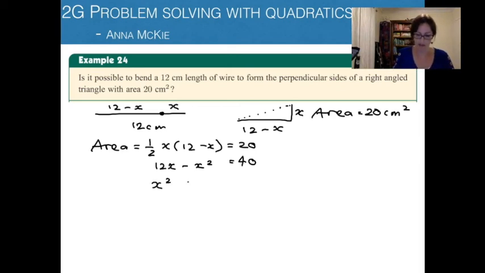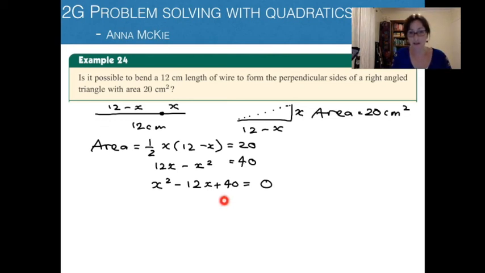So not only am I going to rearrange, I'll just show you what I'm doing here. I'm going to make the right hand side 0. If I bring that 40 over, it would become a negative 40, but because I'm going to multiply through by the negative 1, it's now a positive 40, and we have a negative 12 there. I've probably done 2 steps in one go, but I'm sure you can cope.